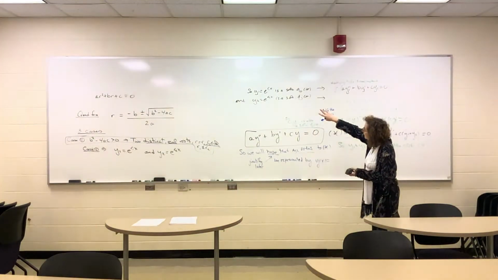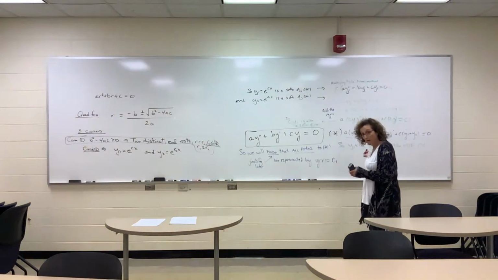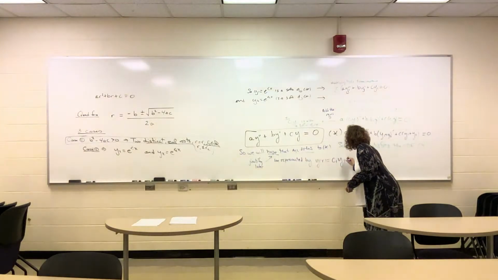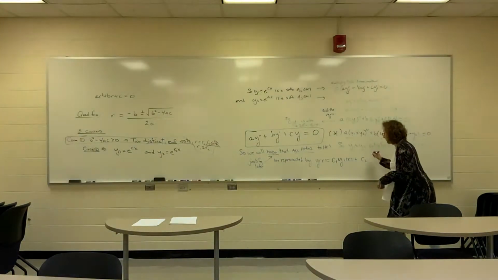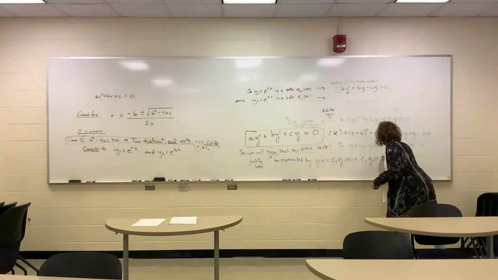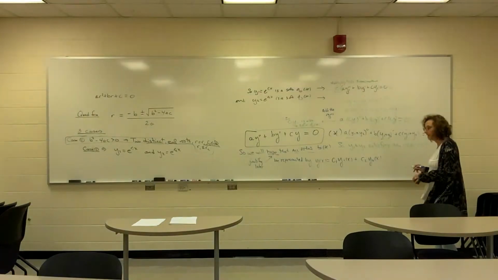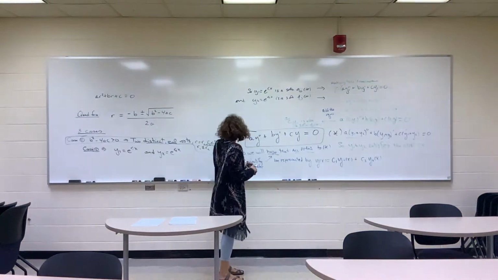If we have two explicit solutions, we can multiply one of them by a constant and then multiply the other one by a constant. This is due to the linearity of what's going on here. We'll explore that in a little more.